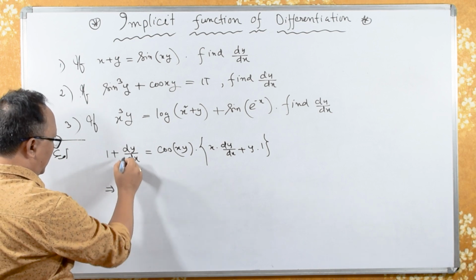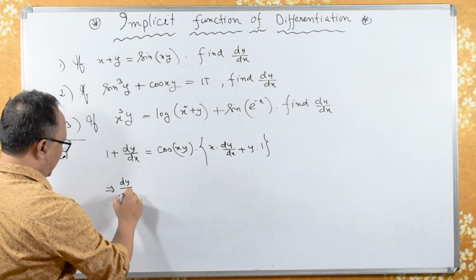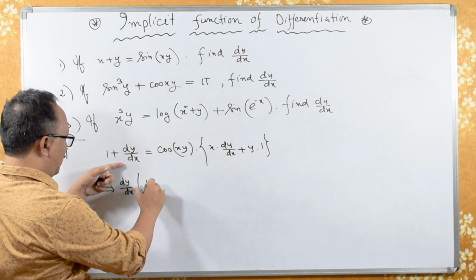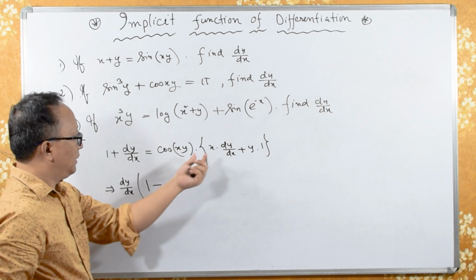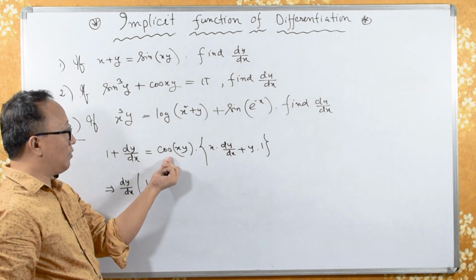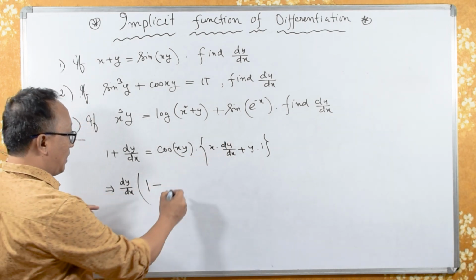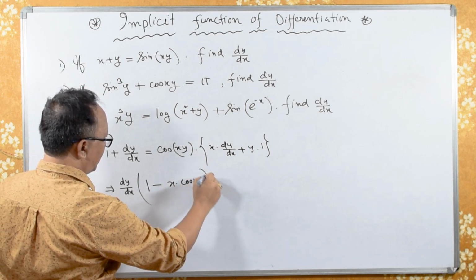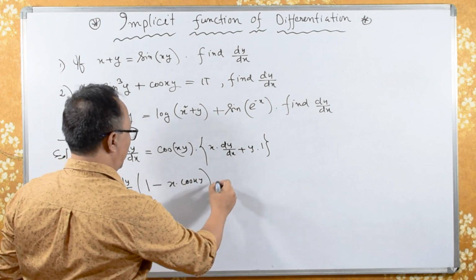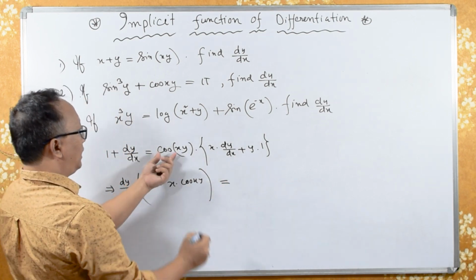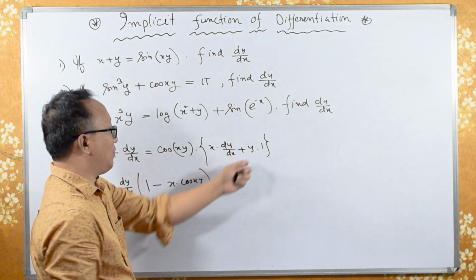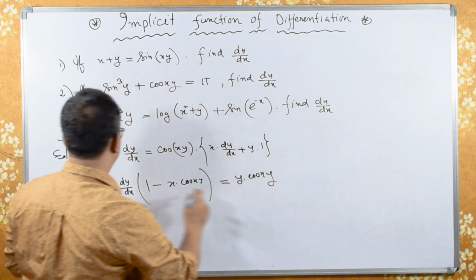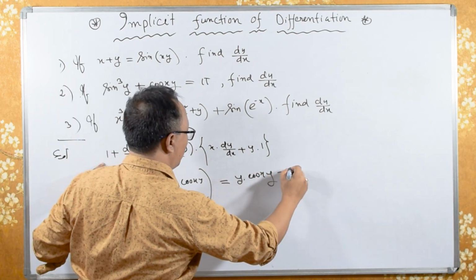This implies dy by dx. Now if I am collecting, here I will have 1 minus x into cos of xy times dy by dx, if I multiply cos xy into this, I will get another term. This term is equals to, here another term, we have cos xy into y. I can write y into cos of xy, minus 1.